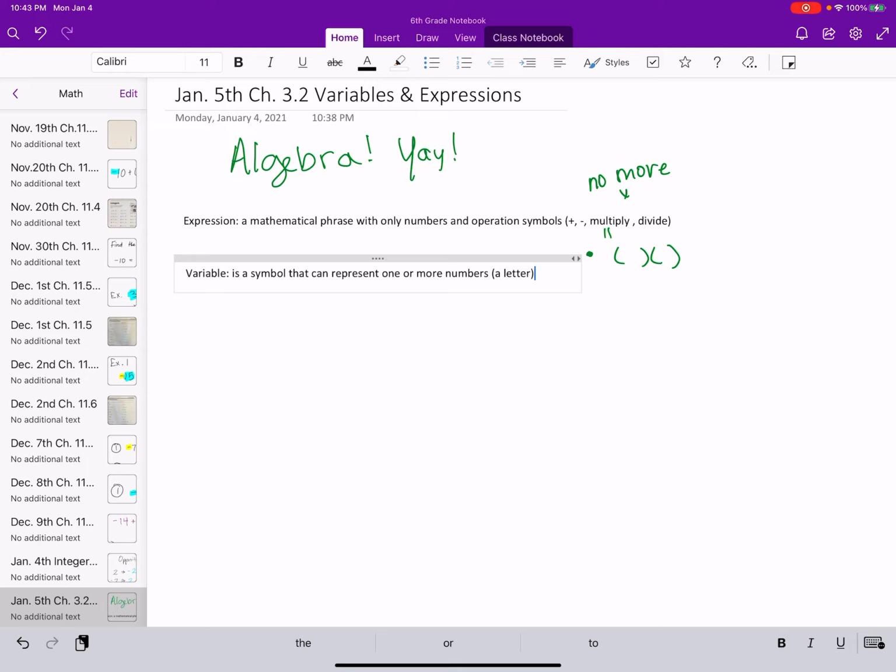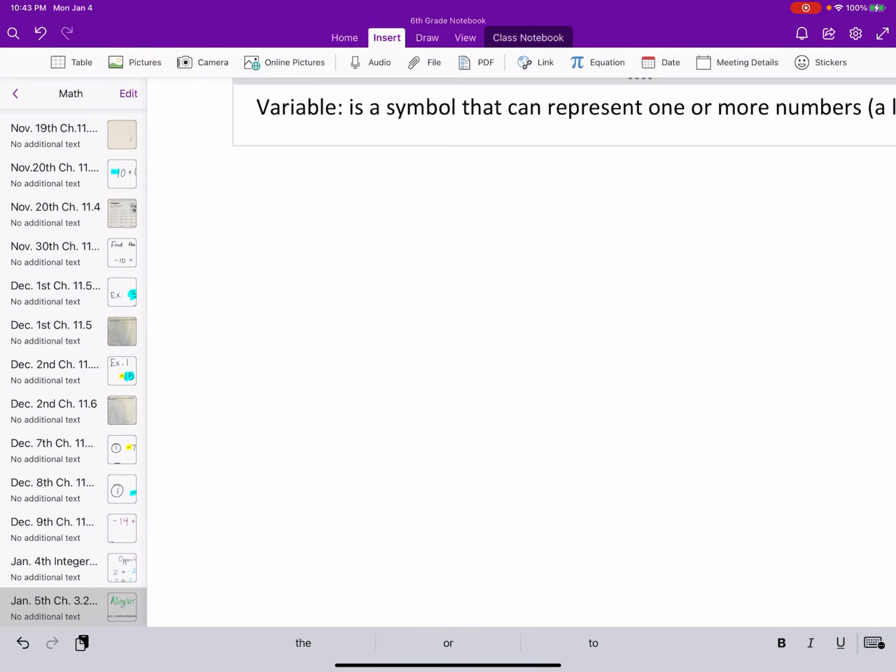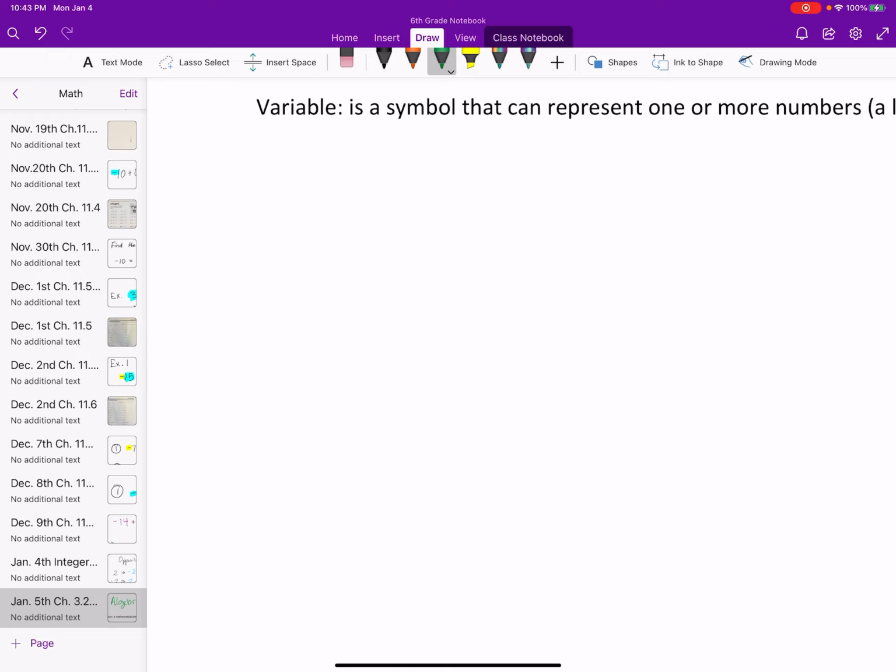What we're going to do today is I'm going to show you examples in the exact format that your assignment is going to be in. Our first example might be something like solve for 2 times x, where x is equal to 7.